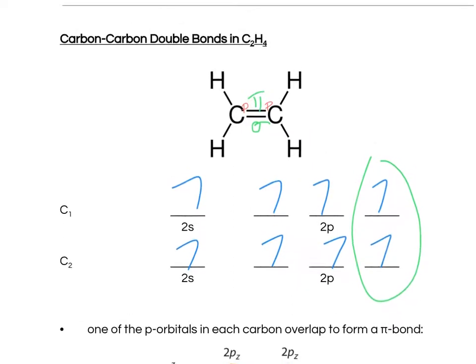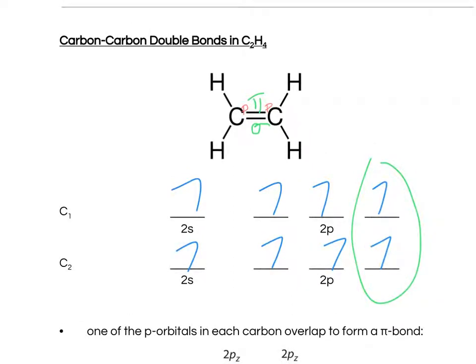And so now, let's take a look at what's left over. What's left over for each carbon are 3 other electrons available for bonding. I see on the carbon I have 1, 2, 3 other electrons. So what's going on?